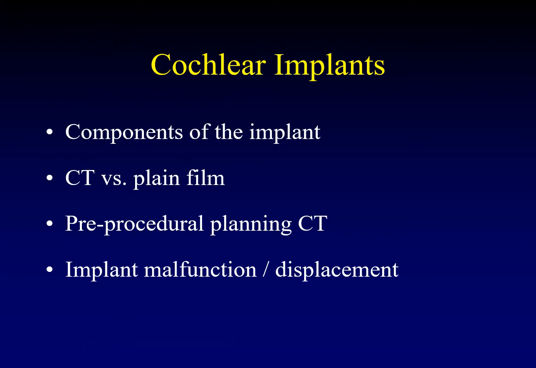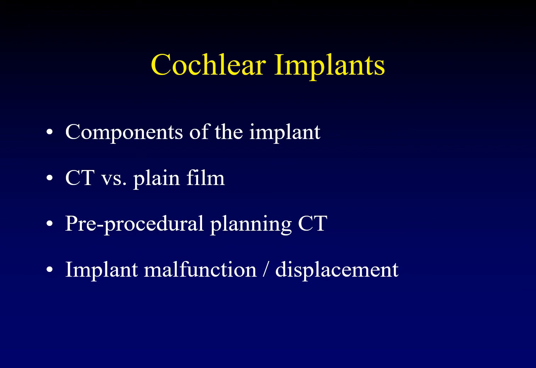If you're going to evaluate imaging on cochlear implants, you have to really understand the different components of the implant and how they work together. It's important to understand the situations where CT is most useful and where plain film is most useful. Bottom line, CT is useful in pre-procedural planning and for evaluation of chronic cases.